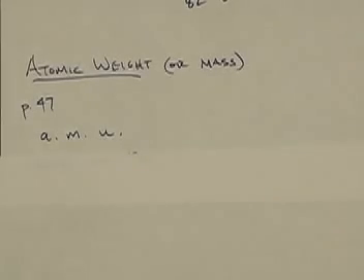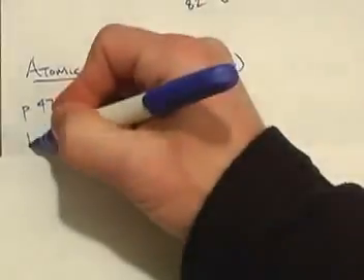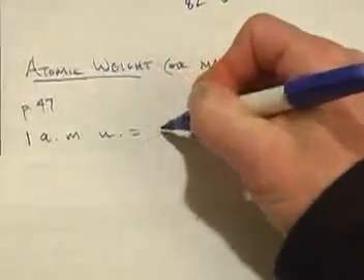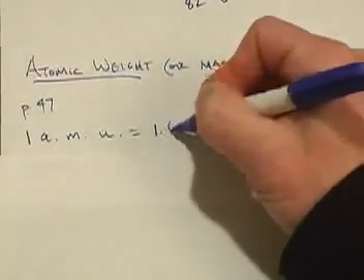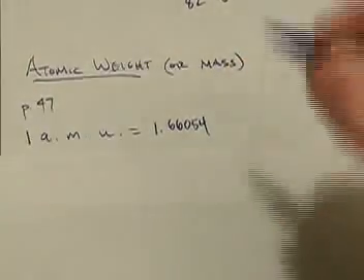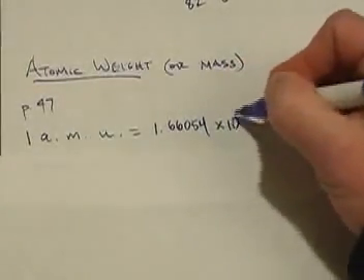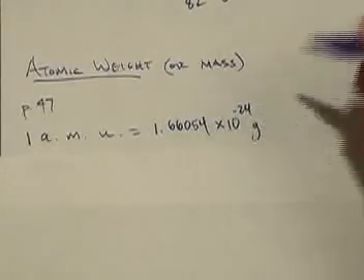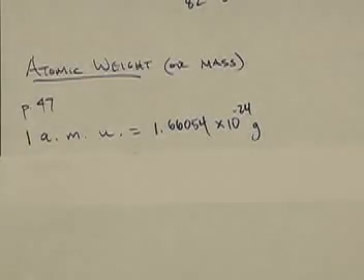One atomic mass unit is equal to 1.66054, lots of sig figs there, times 10 to the negative 24th grams, an incredibly small number. The atomic mass unit is presently defined by assigning a mass of exactly 12 AMUs to the carbon-12 isotope.